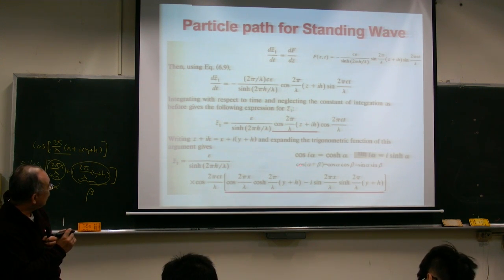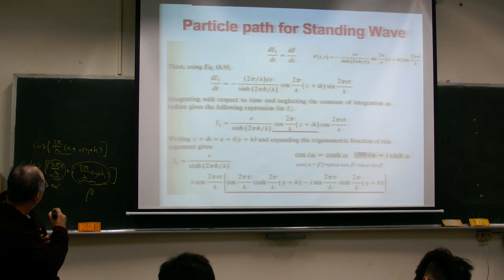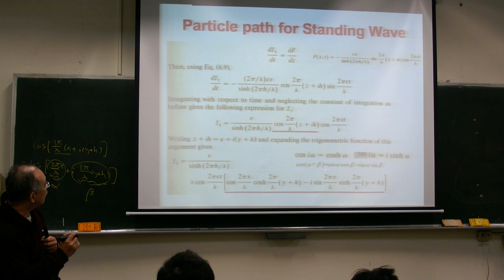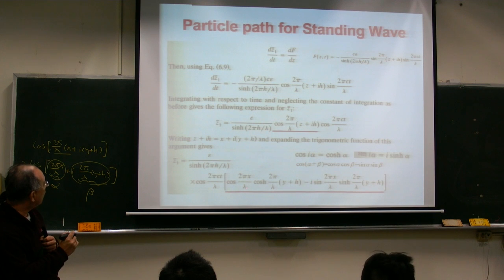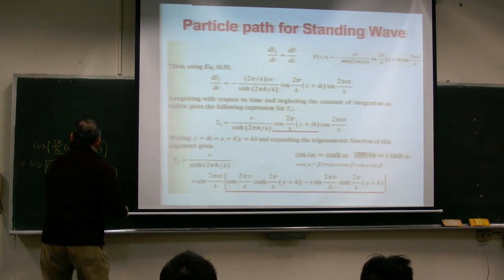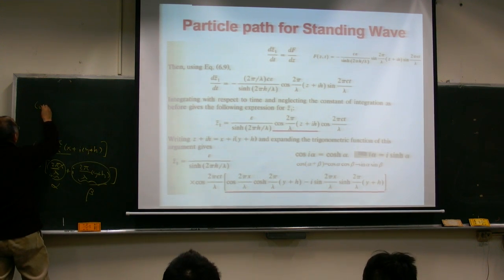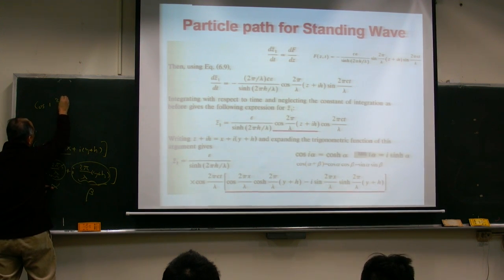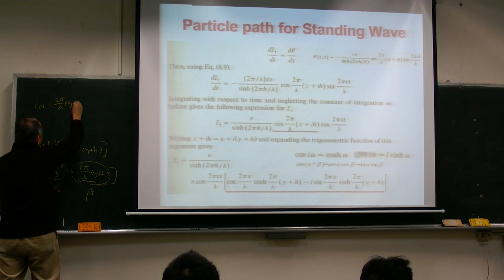We apply this equation here, and it becomes cosine alpha, where alpha is 2 pi x over lambda, multiplied by cosine beta, where beta is this, including i here. And the cosine of beta is the cosine of i times 2 pi over lambda y plus h.